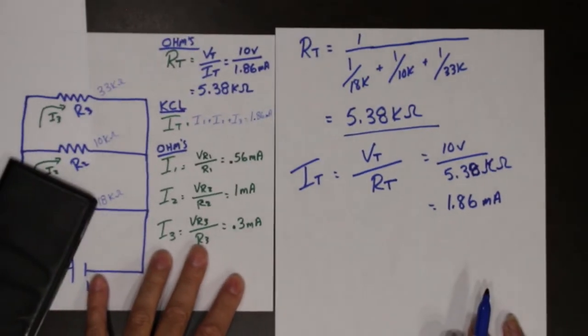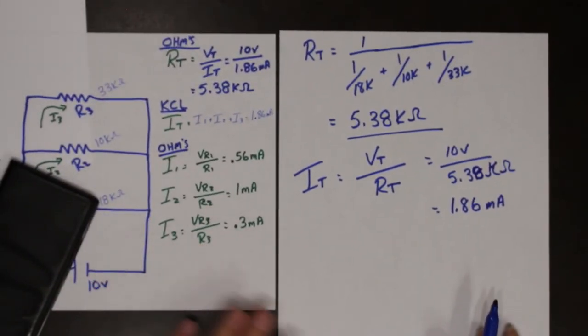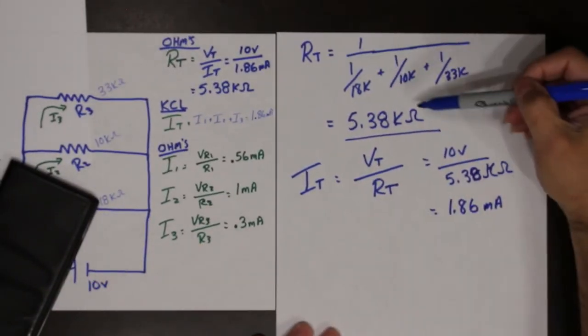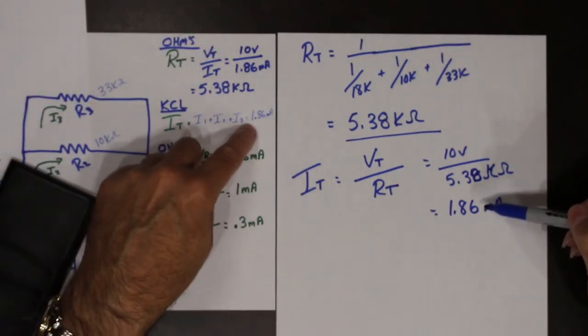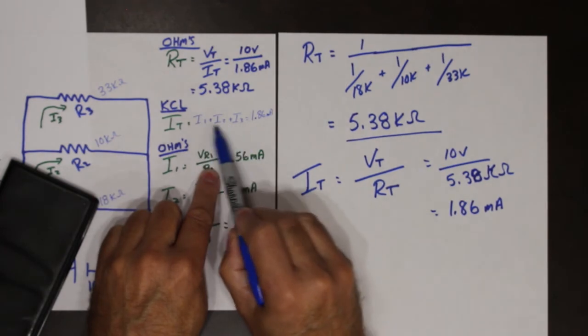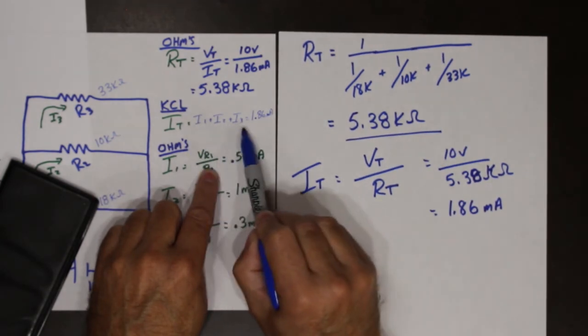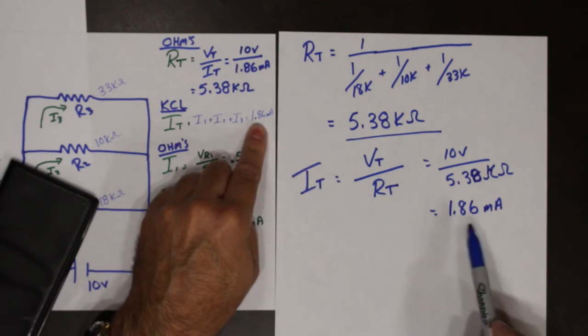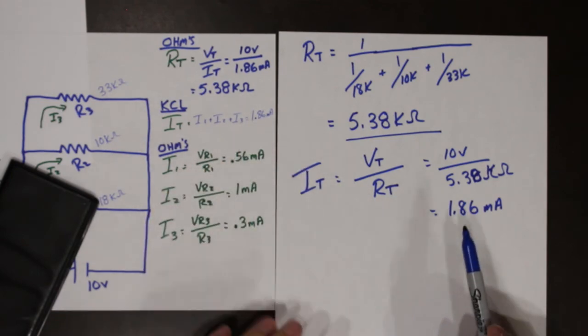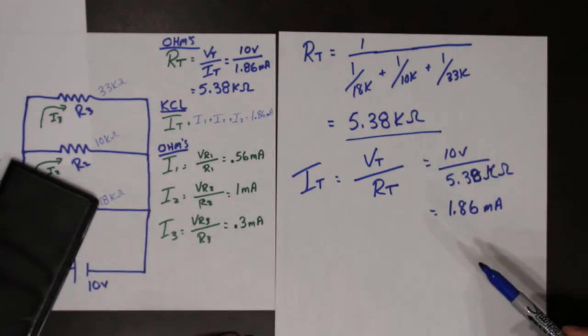1.86 milliamps. So now we have proven that this calculation and this calculation match. We can prove that this calculation, where we added up the individual currents, remember, we added up the individual currents and we got this, now matches this. So we have checked our answers.